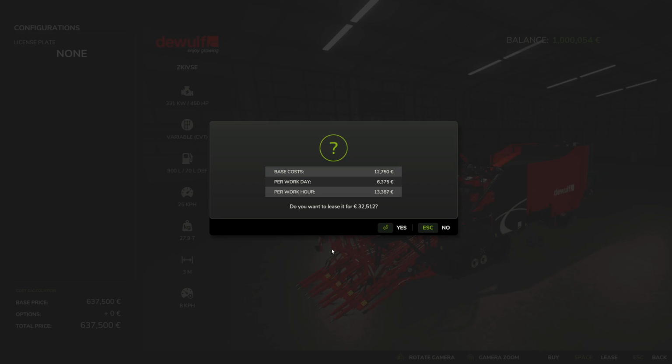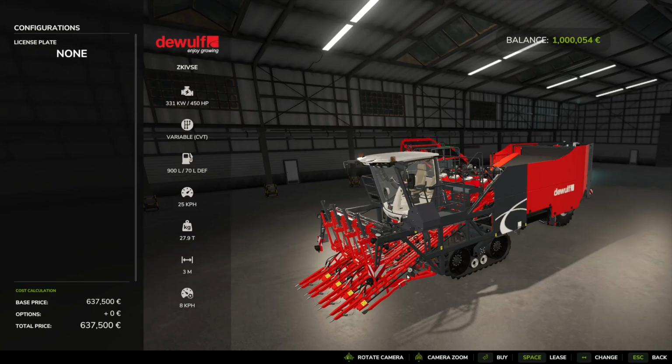Let's see, what is the price? 32,000 bucks. If you really have a big carrot field, you couldn't make a profit with, let's say, depending on whether you play on easy, normal or hard, with 1 or 2 hectare, you could maybe pay for this, but then you don't make any profit. You want to make a profit. And therefore you would need maybe a 4 hectare field.